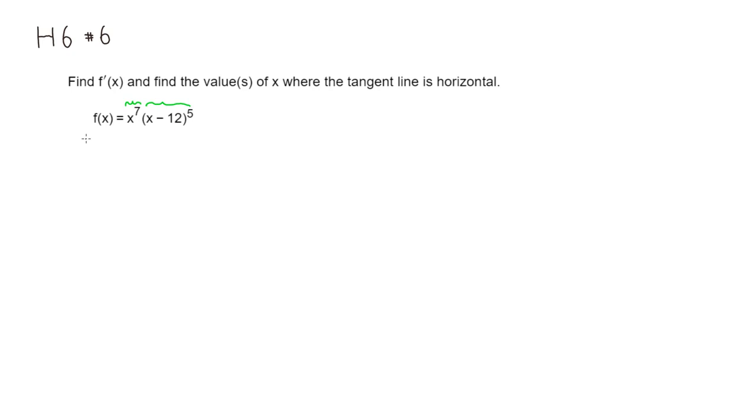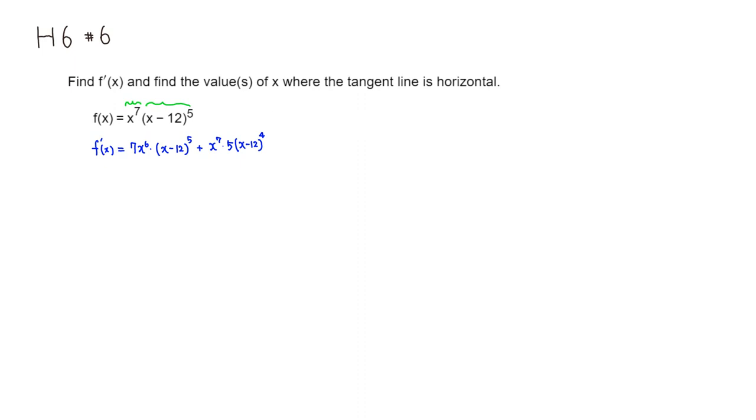So f prime of x is equal to the derivative of the first guy, which is 7x to the 6th power, times the second guy, so I just copy that, quantity x minus 12 raised to the 5th power, plus the first guy, which is just x to the 7th power, then we take the derivative of the second guy, so it's going to be 5 in front, keep the same quantity x minus 12, and subtract 1 from the power, so it's going to be 4, and multiply by the derivative of the inside, which is 1 anyway, so it gets confusing, so I'm not going to write it.